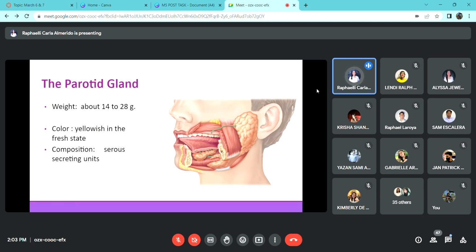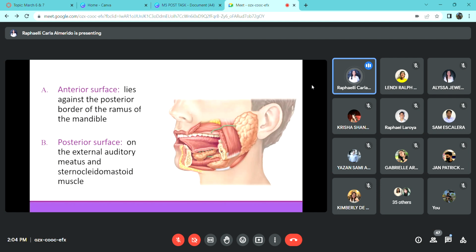So hopefully in your lecture, you will be talking about the different types of secretions by the salivary glands. Okay, so there's mucus, there's serous. Okay, so again for parotid, it's serous secreting. Okay, so it has different boundaries as well as surfaces.